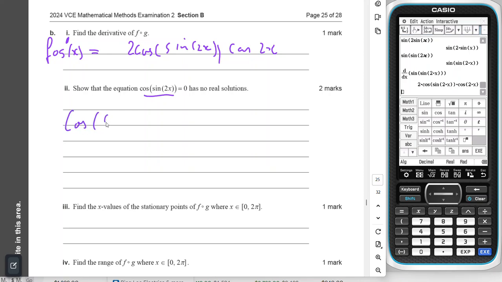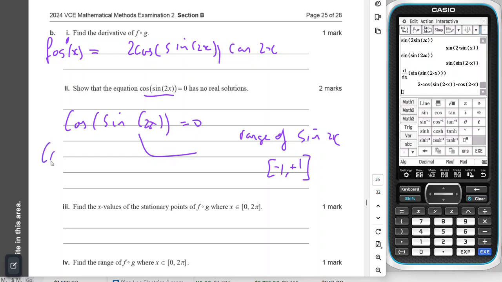Show that the equation, this, has no real solutions. Cos of sine of 2x equals 0. Okay. The range of sine of 2x is -1 to 1.